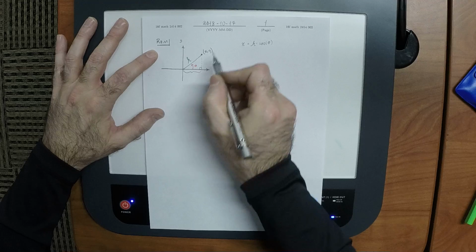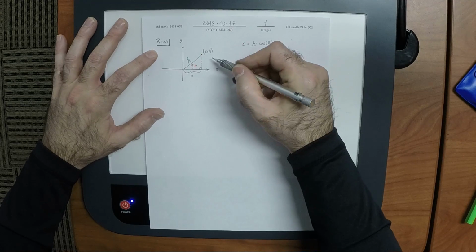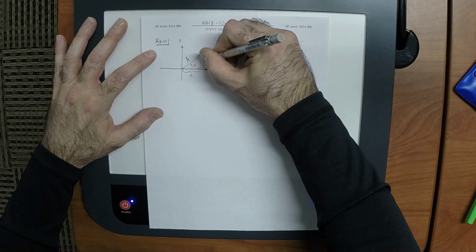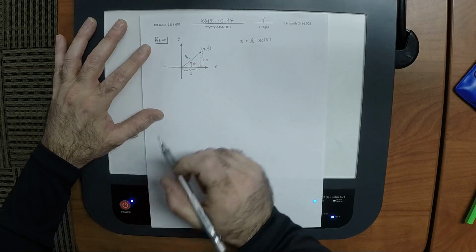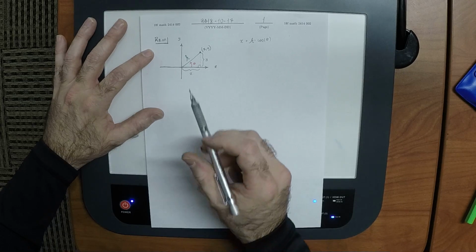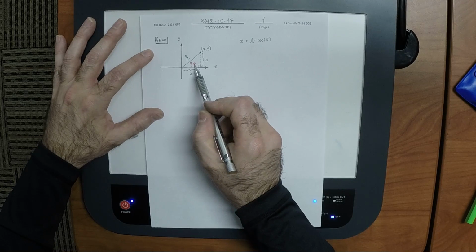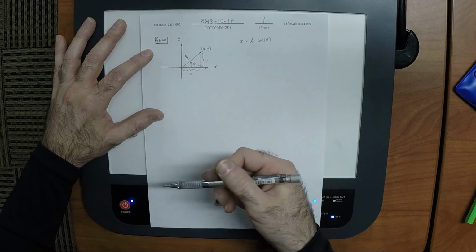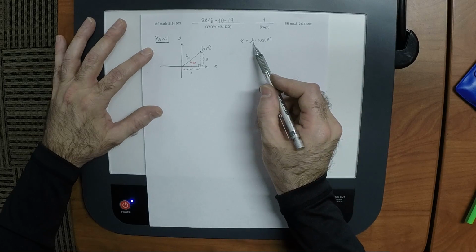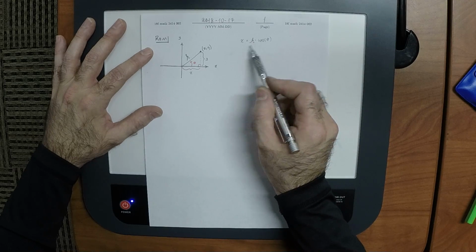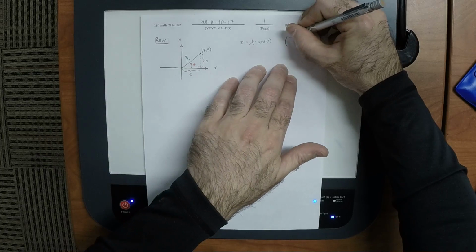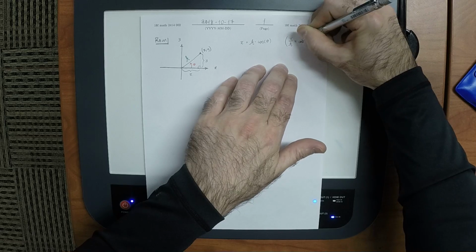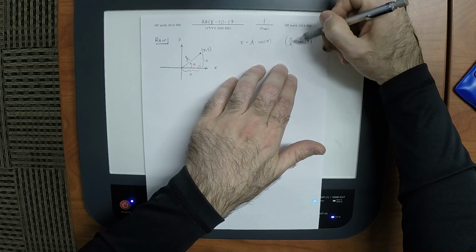Well, it'd be x, right? And then what's the height of this triangle? Y, right? So then SOHCAHTOA, right? The cosine of that angle should be x over r. So x divided by r, and if I put the r on the other side, it looks like that. X over r is cosine theta, adjacent over hypotenuse.